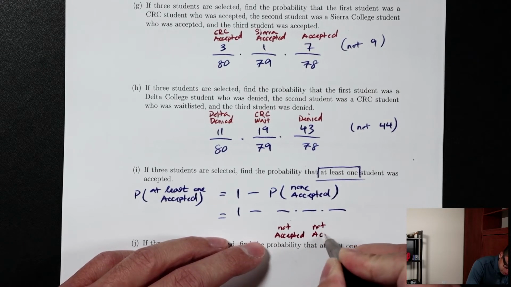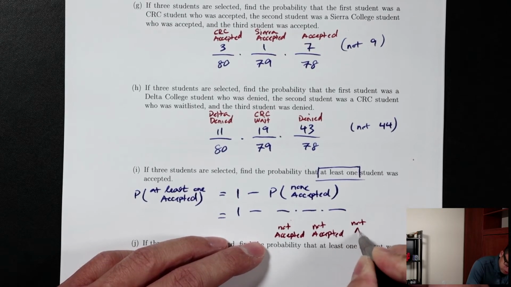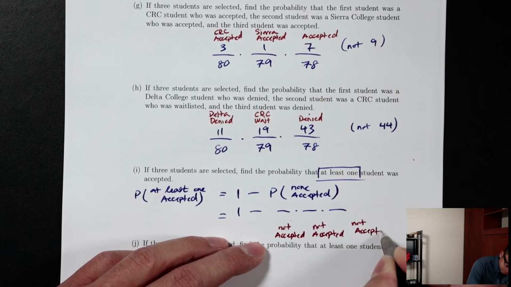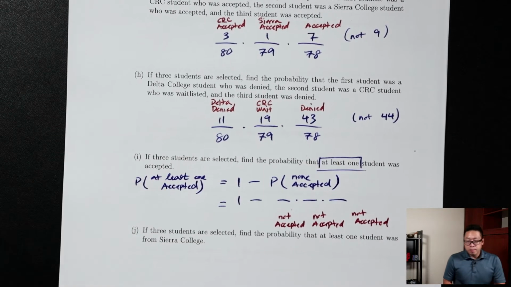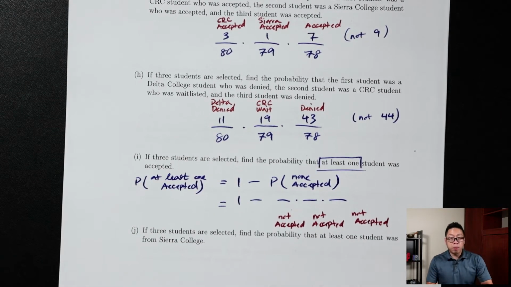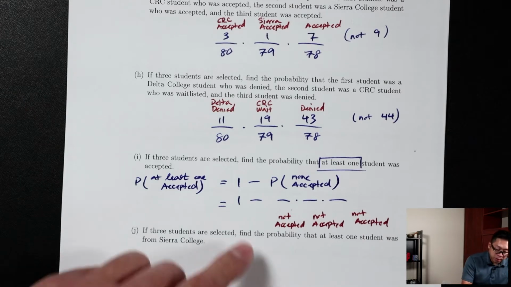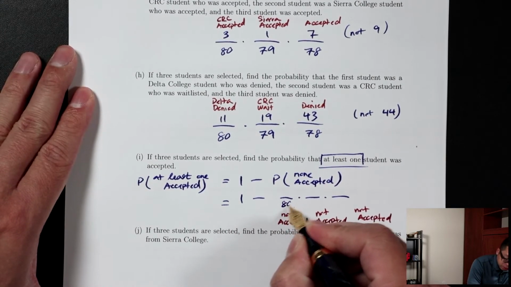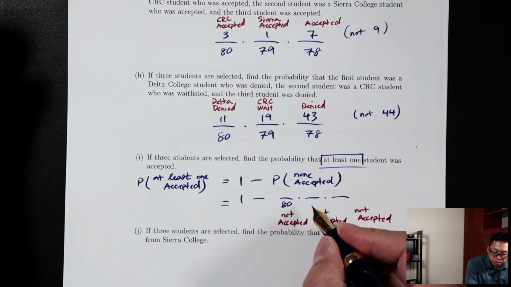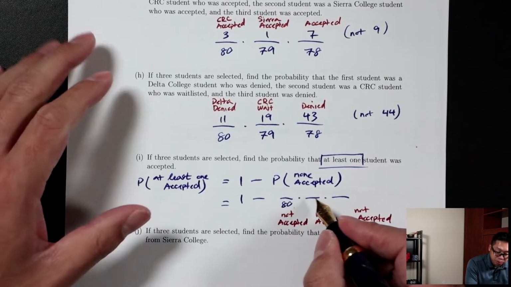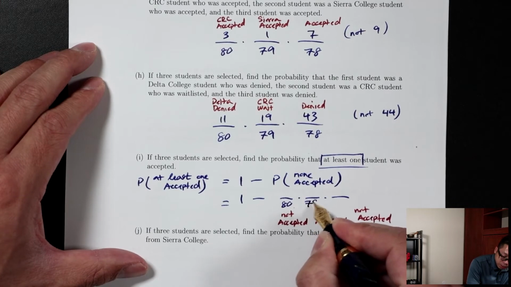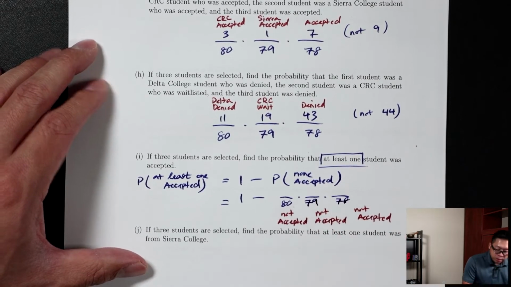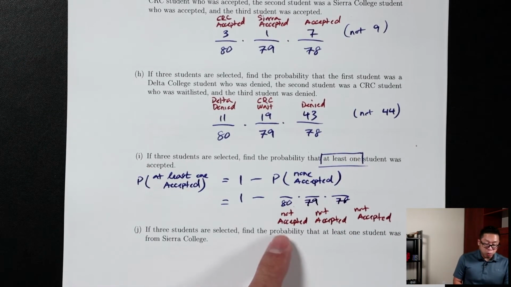So for the bottoms, it's going to be the same as before. First one is going to be total of everybody, so that's going to be 80. Second one, because we don't want to pick the same student again, we're down to a total of 79 and then 78.